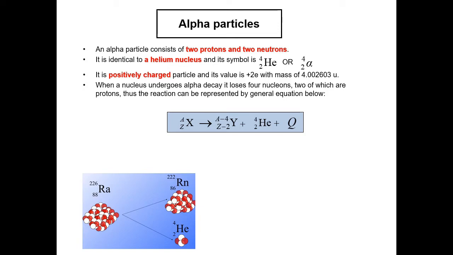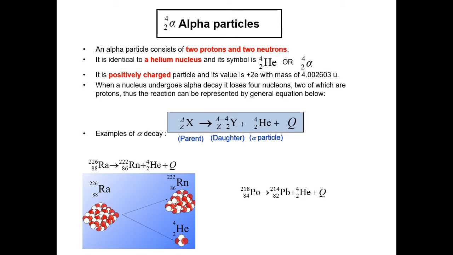So we have radionuclide X, known as the parent, which will produce Y, known as the daughter, plus helium or alpha particle and heat. Same also for radium, which produces radon plus helium and heat.